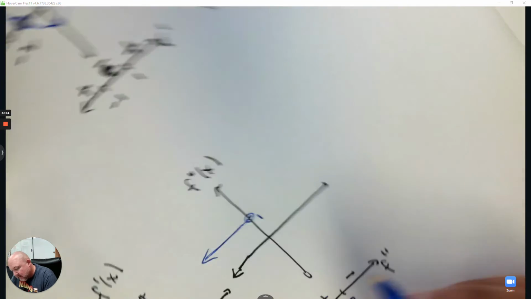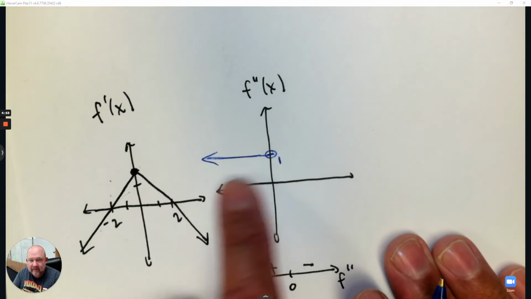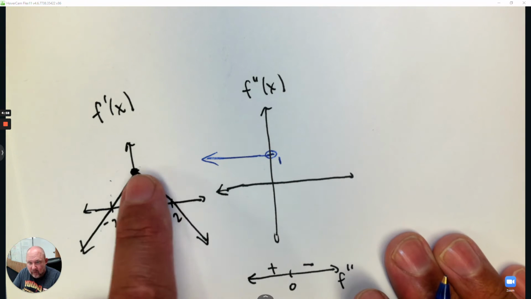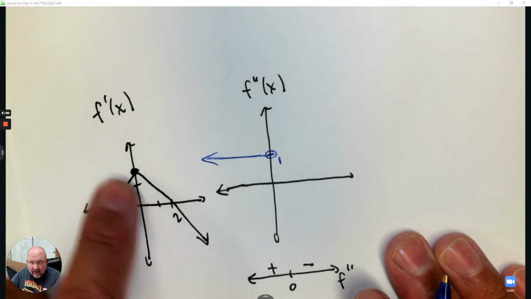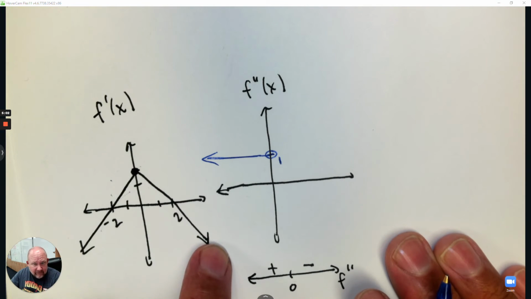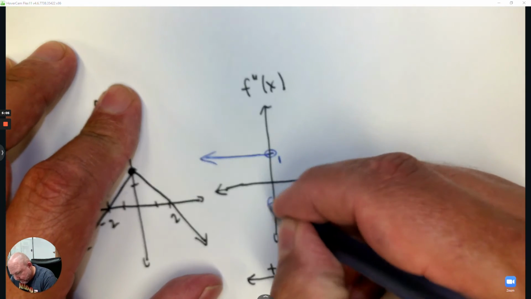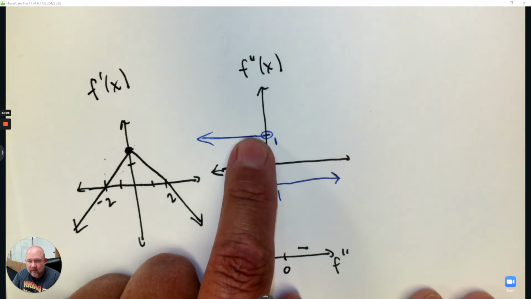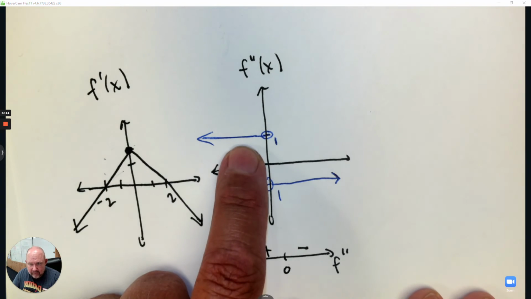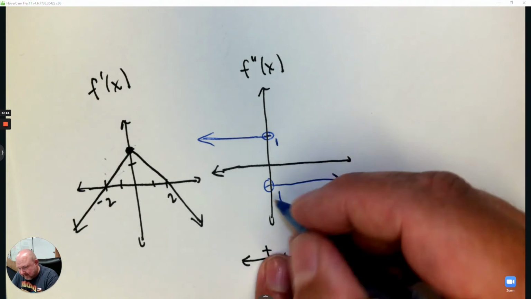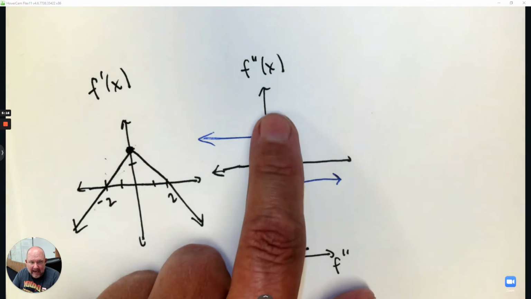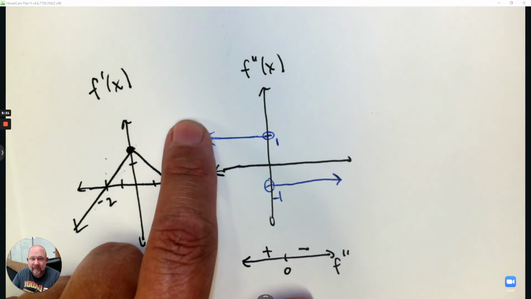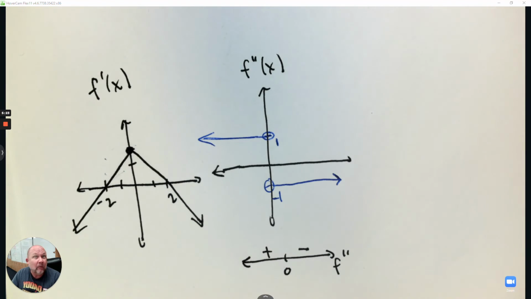So the derivative of this part is 1. But when you get there at 0, it's undefined, so it's a hole. On the other side, the derivative is negative 1. So here the slope is positive 1, the slope is negative 1, but at 0 is a hole, and the reason the derivative doesn't exist is that you can see the left side doesn't equal the right side.